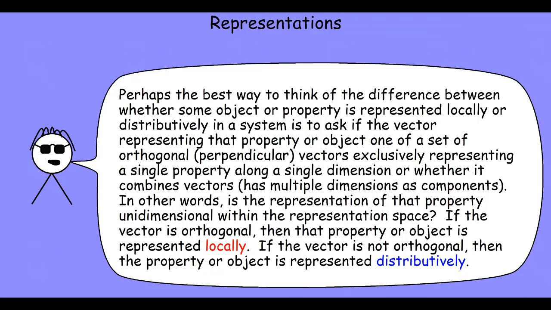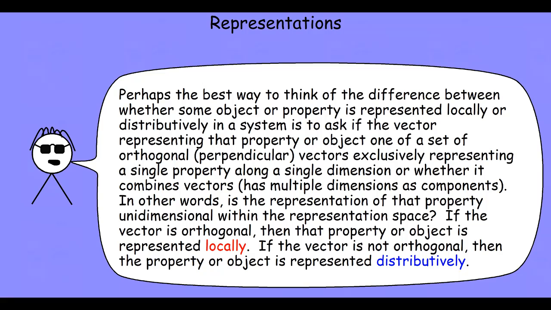Essentially, they create axes within that space, so that the representation of that property is the representation of a single property along a single dimension. Or is the representation of that property or object actually a multi-dimensional vector, one that includes components from more than one cell or goes in more than one direction?